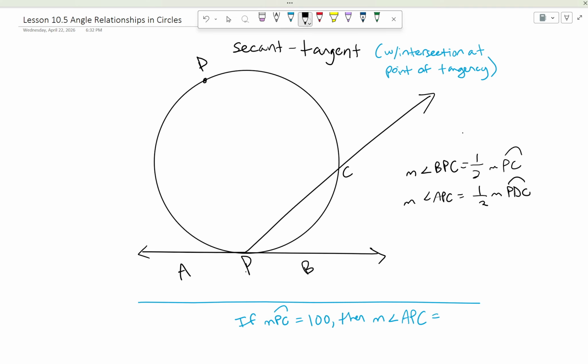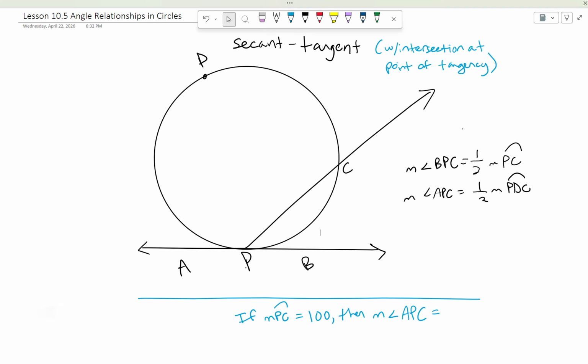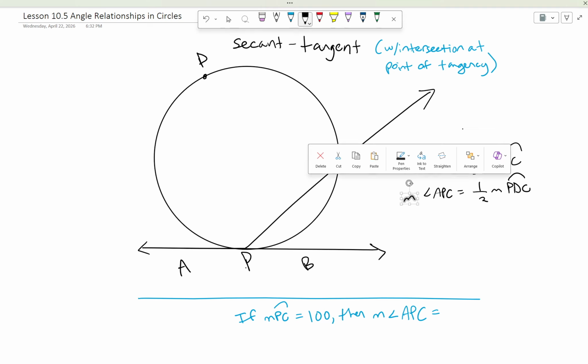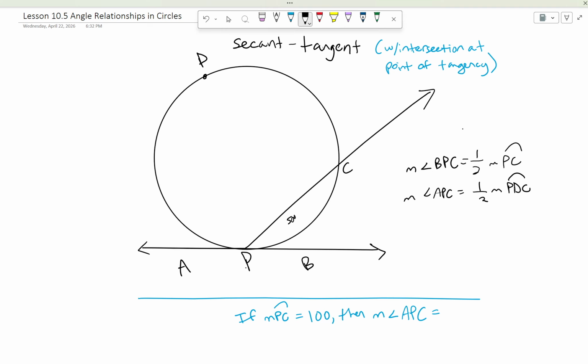All right. And how do we do this? So it's saying that arc PC is 100. Now it wants this angle. If this is 100, right, the angle is going to be 1/2 of that arc. So then that means BPC is going to be 1/2 of 100, which will be 50. Okay. And this guy's 50.